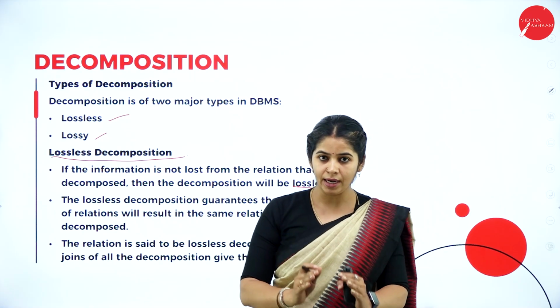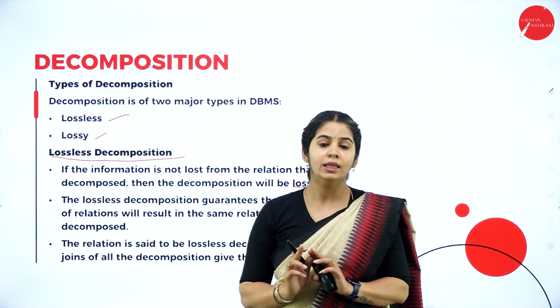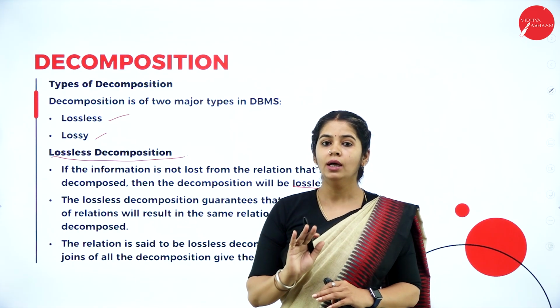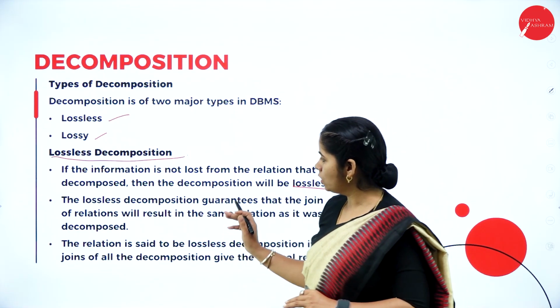If the information is not lost from the relation that is decomposed, then the decomposition is lossless. When we divide the table into two or three sub-tables, the data present in the base table should not be deleted or affected. So that is lossless.